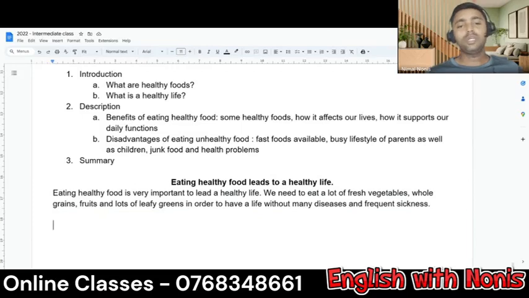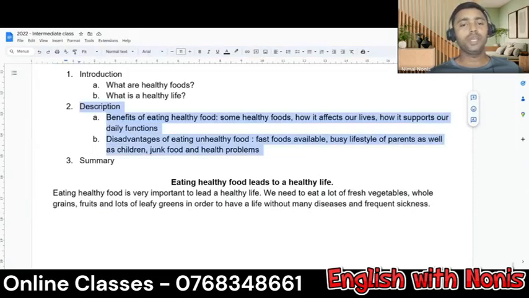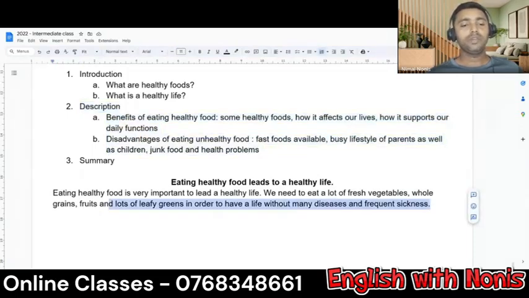Then we are going to the second paragraph: benefits of eating healthy food. Normally, students, when you are asked to write an essay, for this description part you have to use the most number of words. The introduction we have written with 40 words, and the total essay should be about 200 words.